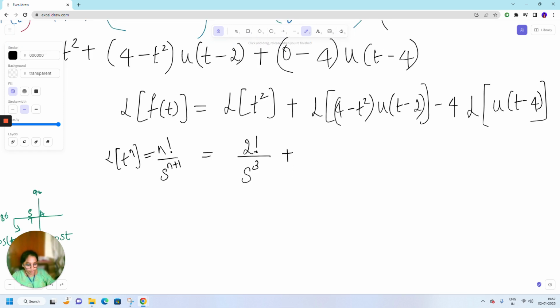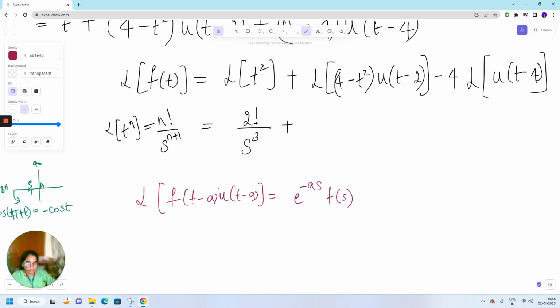What was the second property? Laplace of f of t minus a into u of t minus a is equal to e power minus as into f of s.